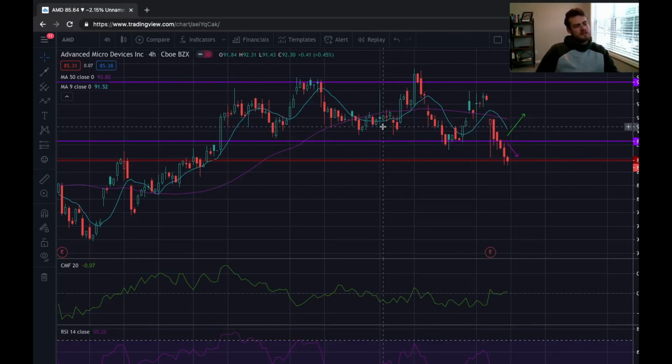I think it was about risking $9 to win, I believe it was $27 total. I think my total position size was around $380 for this trade. So that was my thought process of why I took the trade.